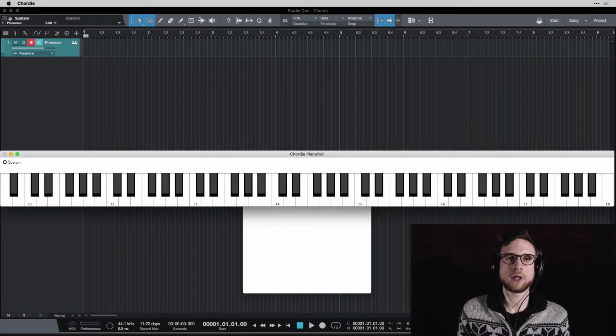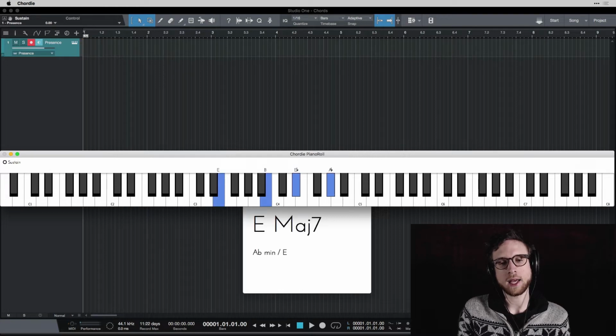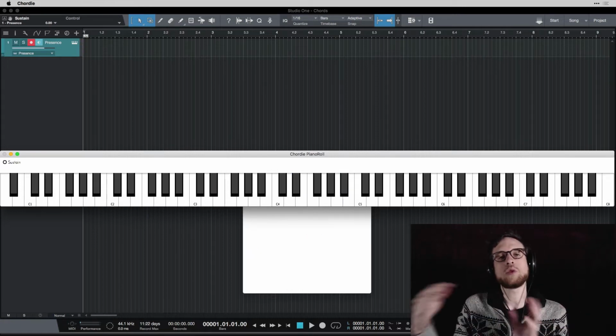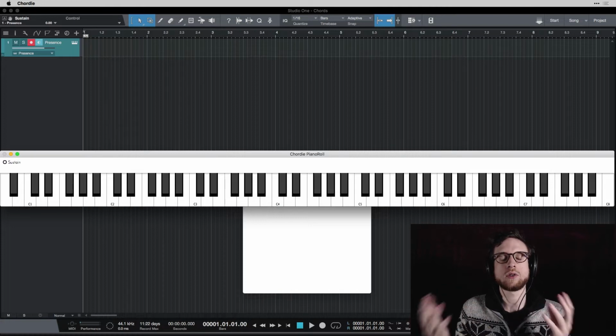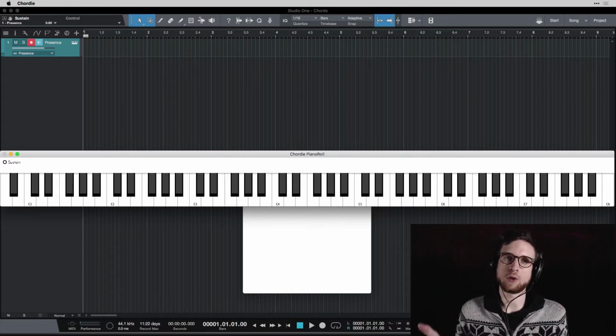So if someone wanted me to play an E major 7, I would have to find the E note, and then I would have to know what a major 7th chord is and build that off of that note, and I get E major 7. So the quality, major 7, can be applied to any root note. Any chord quality can be applied to any root note. And so to define the chord, we have the root note and the chord quality.